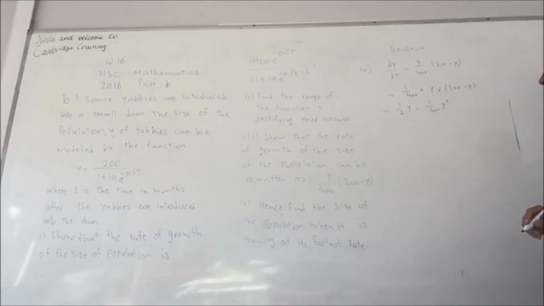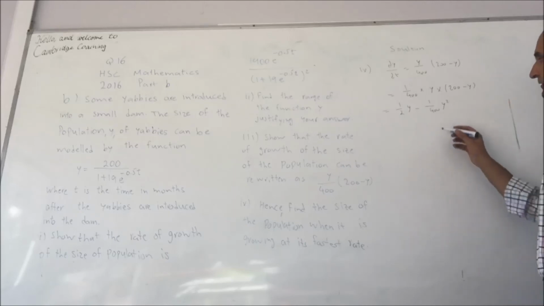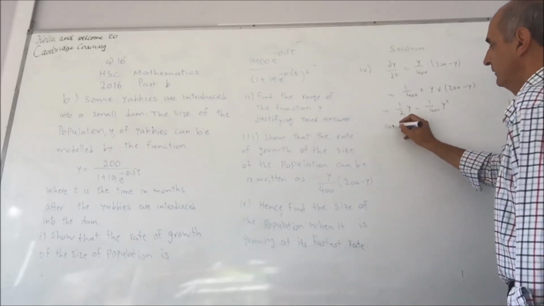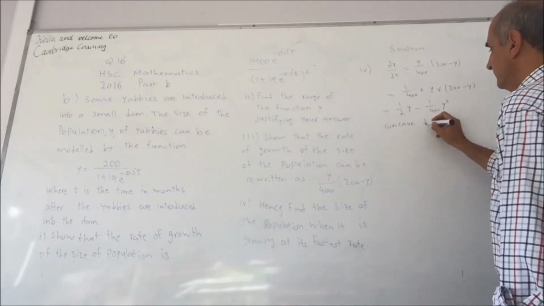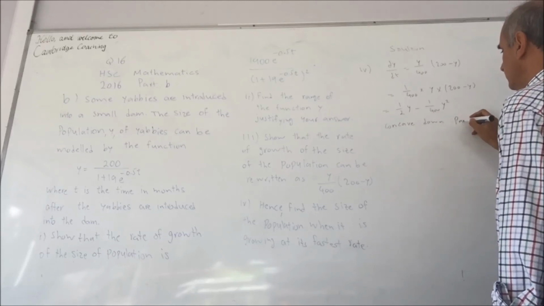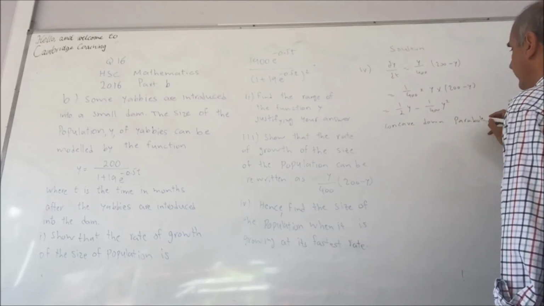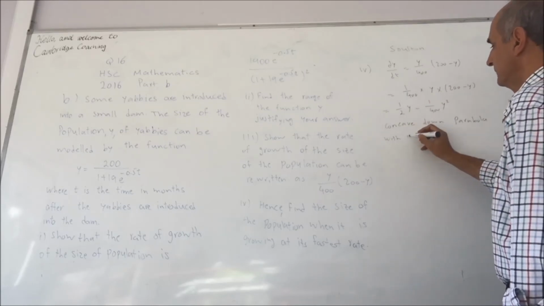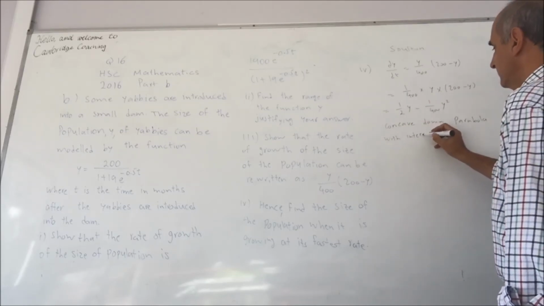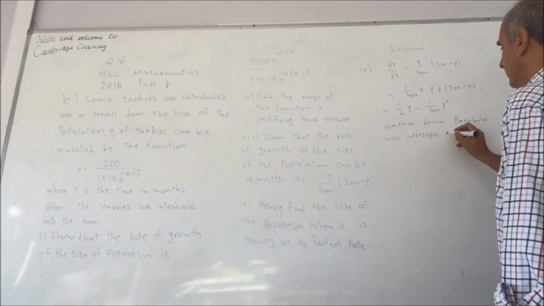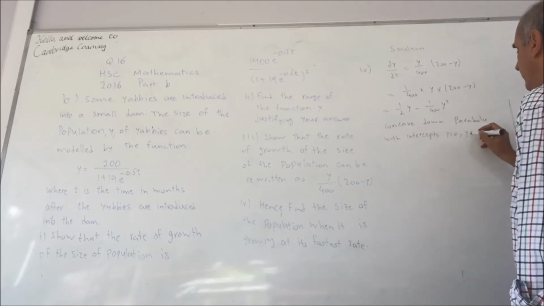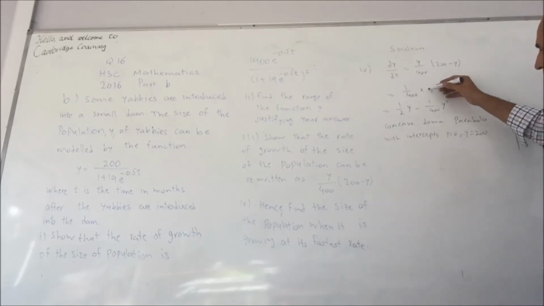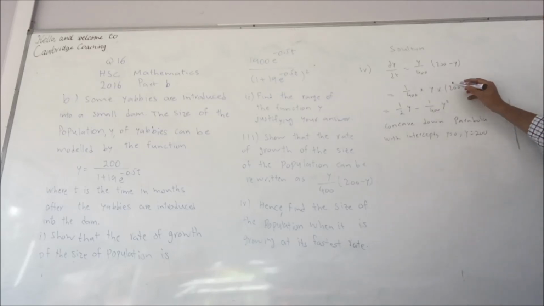Okay, so this is a concave down problem, with intercepts y equal to 0 and y equal to 200. y equal to 0 will make that one 0, y equal to 200 will make that one 0.